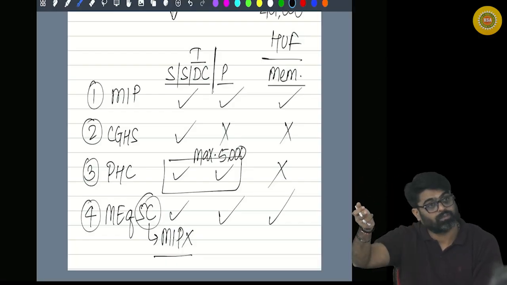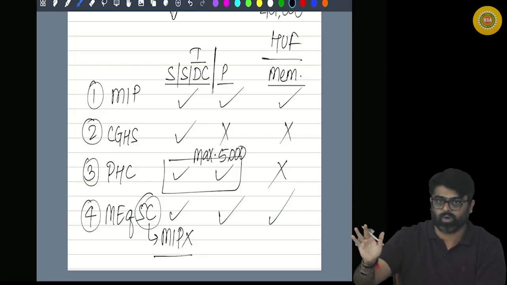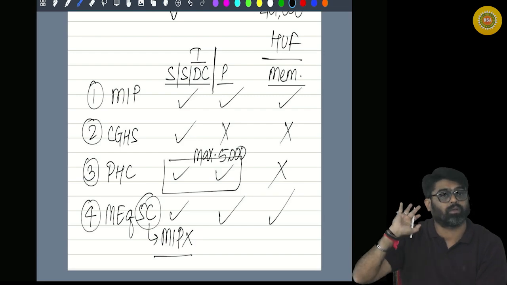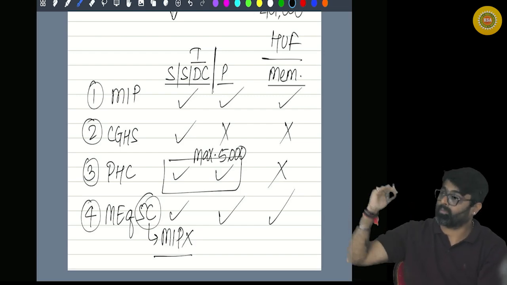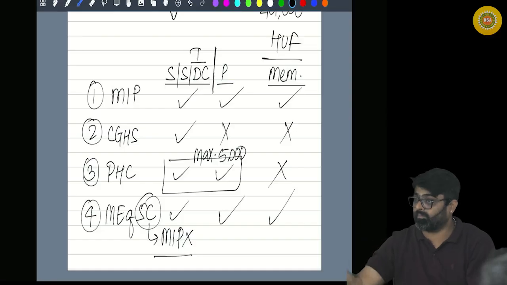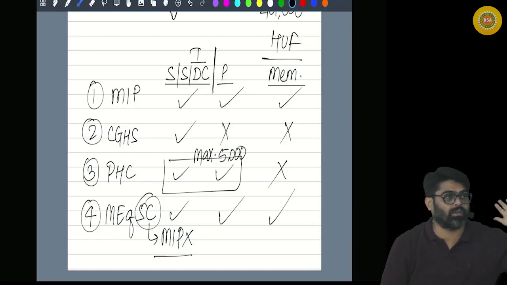Your parents, senior citizen, yes. For them, mediclaim was not there? No. For them also, if the medical expense is paid, it will be allowed. And if you are HUF, your member is a senior citizen. For that member, if mediclaim is not there, even their medical expense will be allowed.